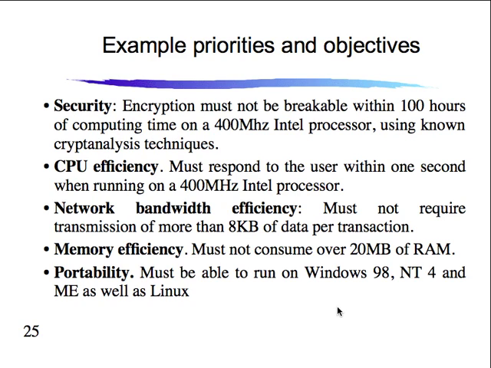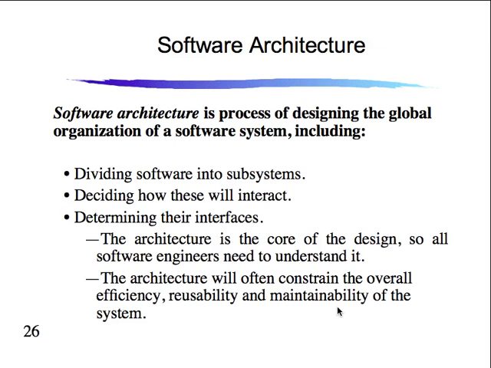Memory, must not consume over 20 megabytes of RAM. That's like maybe 2 gigs of RAM these days. Portability, must be able to run on Windows 98, NT4, Windows ME, as well as Linux. Wow. I keep this slide in because it's a blast from the past, and shows how computing has changed over the years.